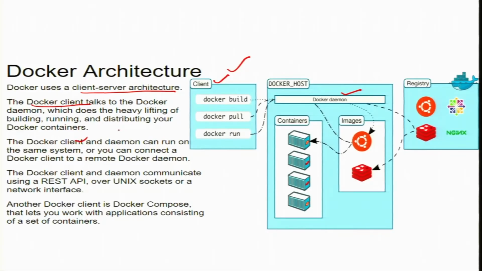The Docker client and the Docker daemon can run on the same system, or you can connect a Docker client to a remote Docker daemon. They communicate with the help of a REST API, over a Unix socket or a network interface.